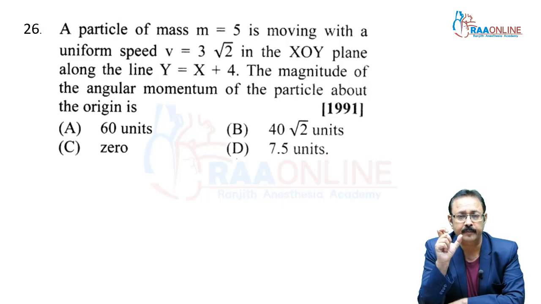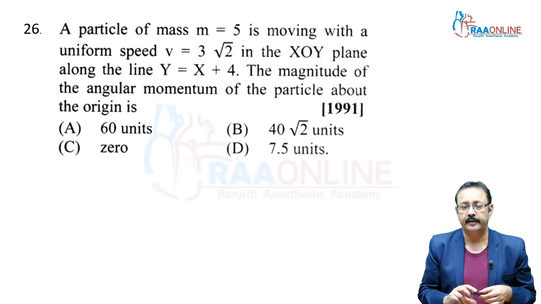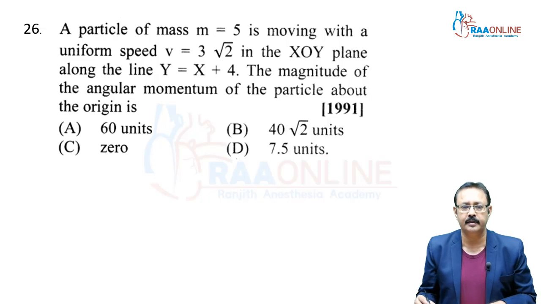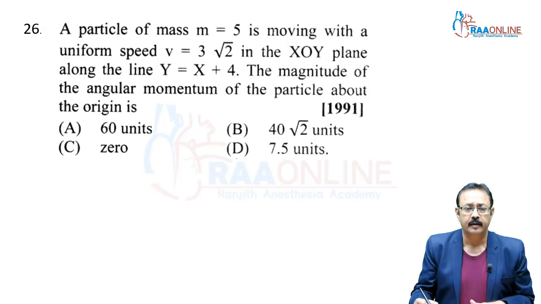At that time, they gave tough problems compared to the pattern now. So see, they are using your coordinate knowledge, knowledge of this chapter, and knowledge of angular momentum. First we plot that line.